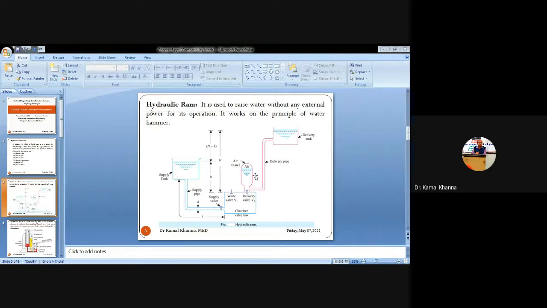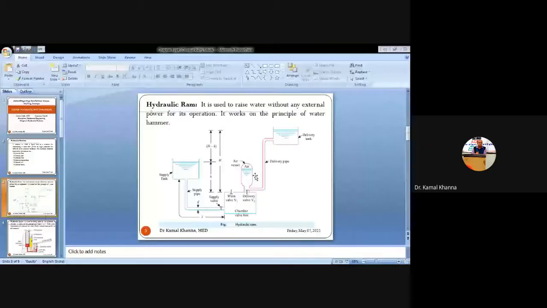Both the valves, V1 and V2, are non-return valves and allow the flow of fluid only in one direction. Valve 2 communicates with the air vessel, which is connected to the delivery tank through a delivery pipe, whereas the waste valve V1 is connected with the supply tank with the help of the supply pipe.